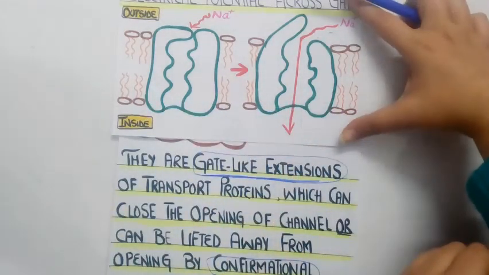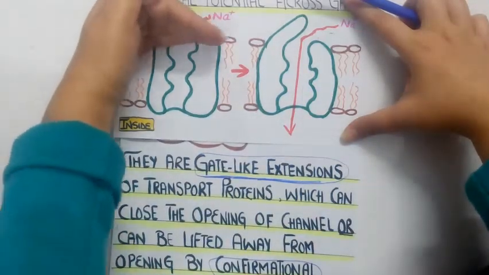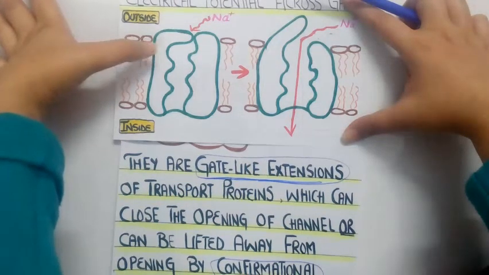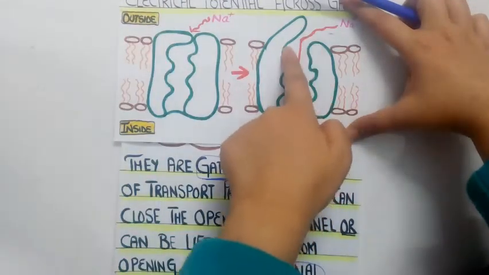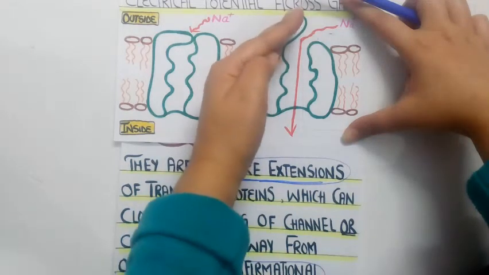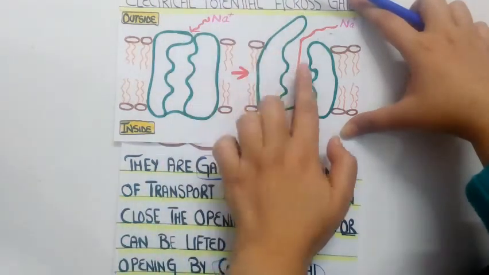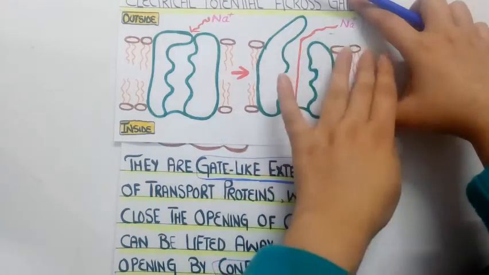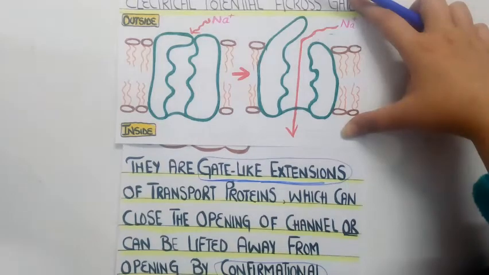These gate-like extensions can close the opening of the ion channel like this, as shown in this diagram, whereas by conformational changes in this protein, this gate-like extension can be lifted away, and that lifting away of the extension will result in opening of this channel and the passage of ions across the ion channels.